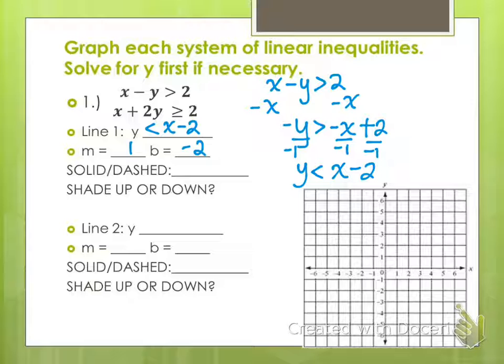Wonderful. We start at -2 on the y-axis. Our slope as a fraction would be 1 over 1, both of them positive, so we go up and right. Instead of going up and right, we could also go down and left.